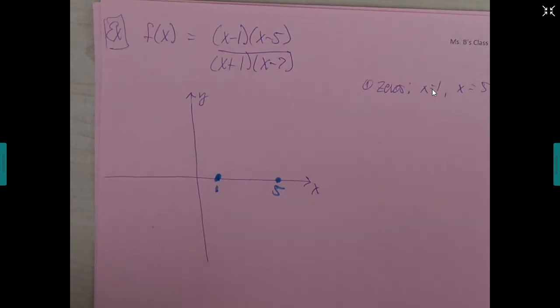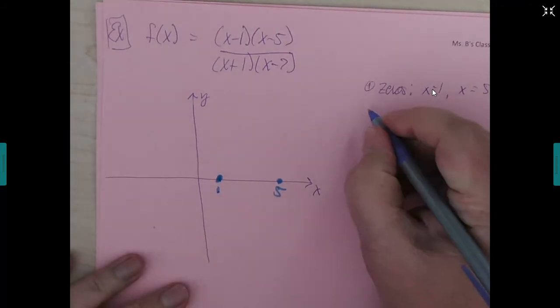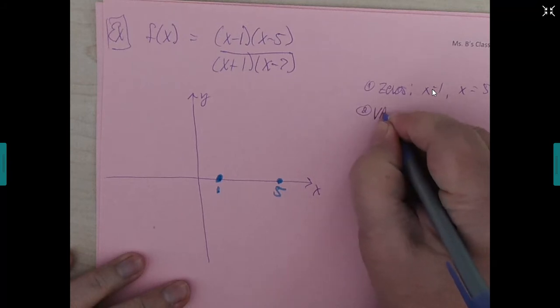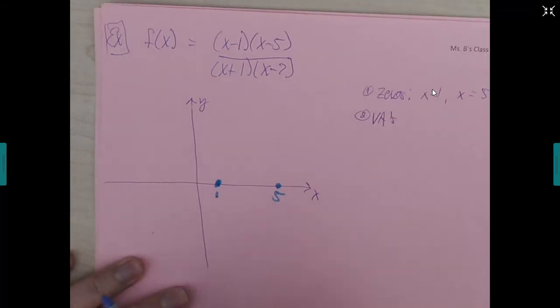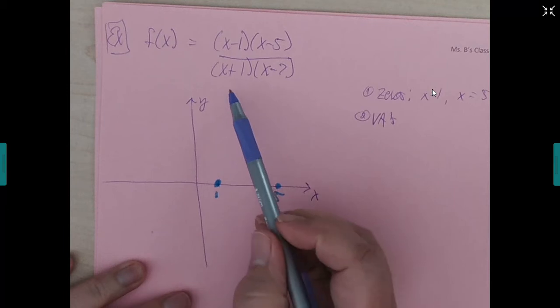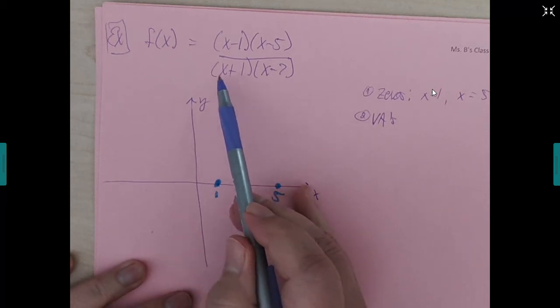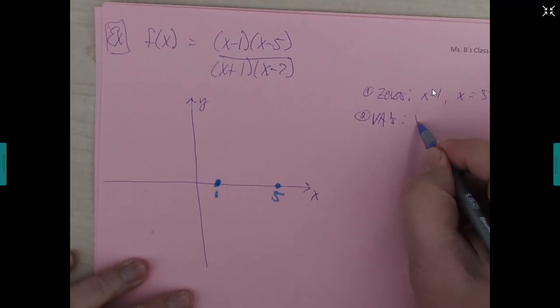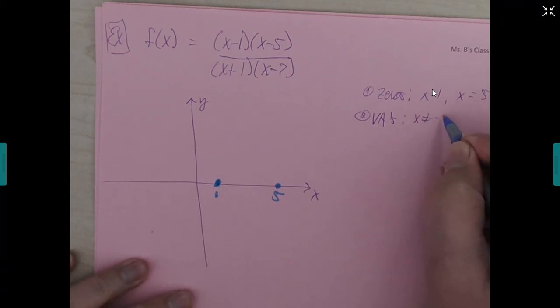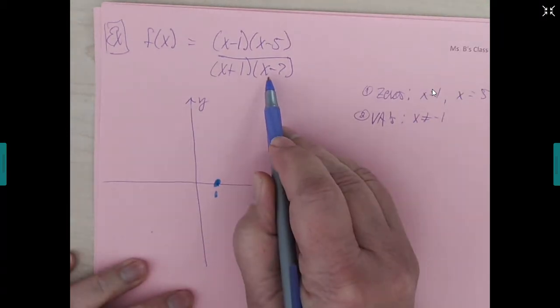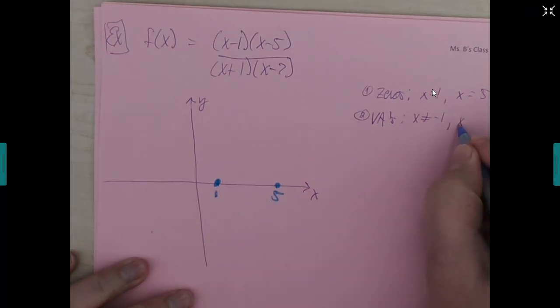Okay, the next step, vertical asymptotes. So verticals occur when the denominator equals 0, which is not allowed. So x can never be equal to -1, and x cannot equal 7.